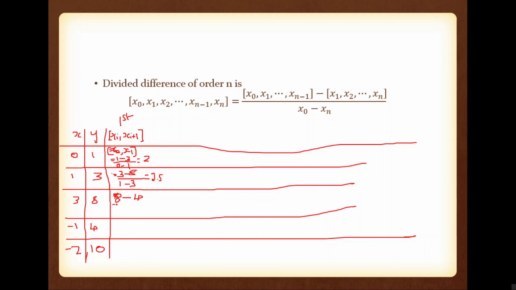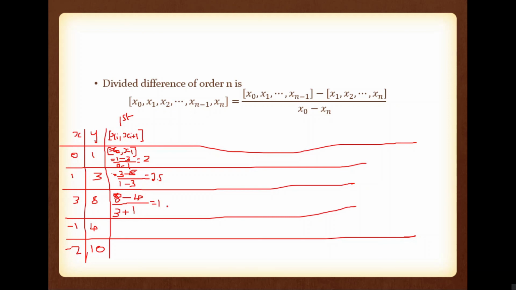Always, numerator point of view, current minus next, divided by, denominator point of view, current x, that is 3 minus the next data, minus 1. So minus plus 1. So 8 minus 4 divided by 3 plus 1. So that is 4 by 4 equal to 1, right? Is it okay with all of you?